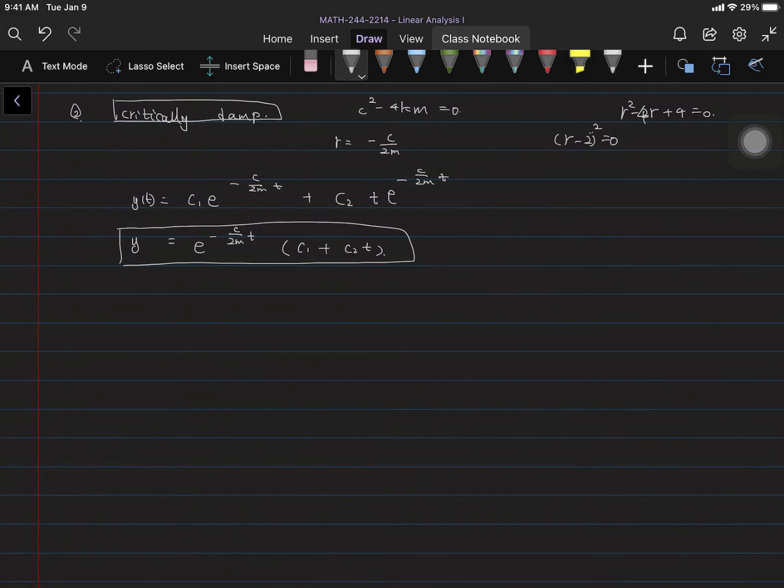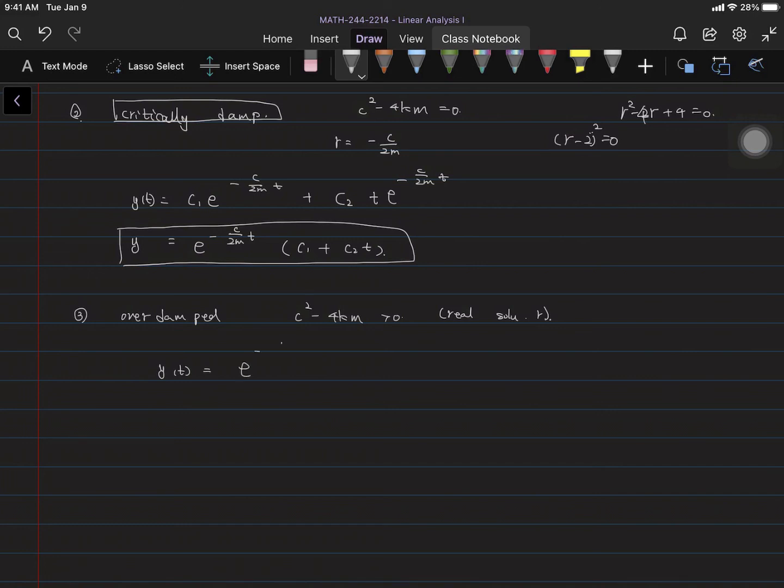Next case is called overdamped. That means when c squared minus 4km is greater than 0, we have a real solution for R. In that case, y(t) just equals this one. Same thing, we can solve that.